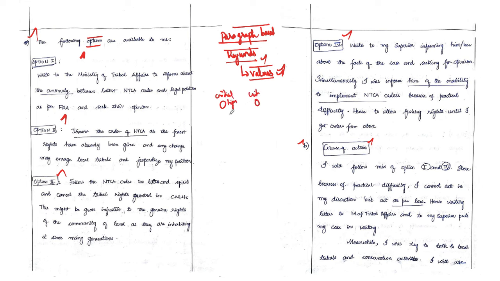The problem here is that in the critical tiger habitat, this SDO has given fishing rights, but it has been cancelled by the National Tiger Conservation Authority, which doesn't have the power. Actually it rests with the Ministry of Tribal Affairs. So now, being the SDO in that case, what option will you exercise here? If you look at this topper, friends, he has brought in four options.